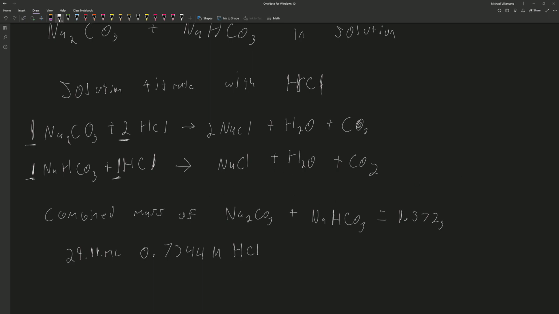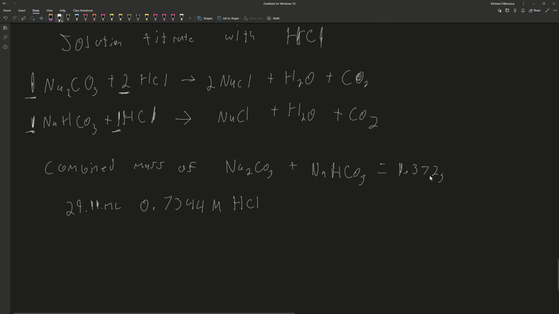So what we're going to do is a little bit of algebra, and we are going to come up with a function or a basic general solution that will allow us to solve these types of problems.